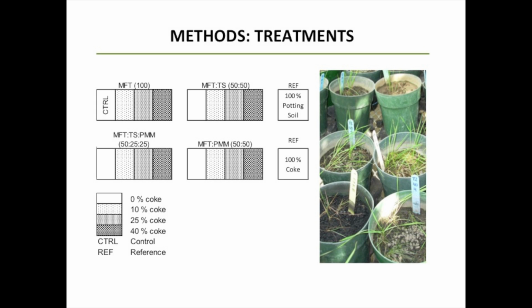For these treatments, we also added different rates of coke to the mixes. We had four different rates: 0, 10, 25, and 40. So we had the treatment of the substrate and the addition of coke. The control was 100% MFT without any coke addition.